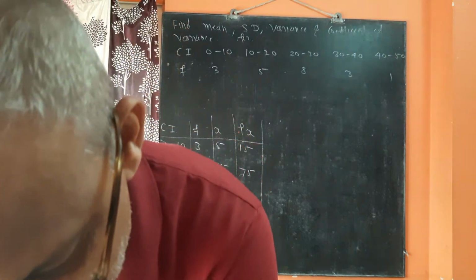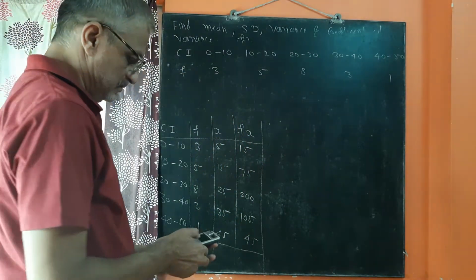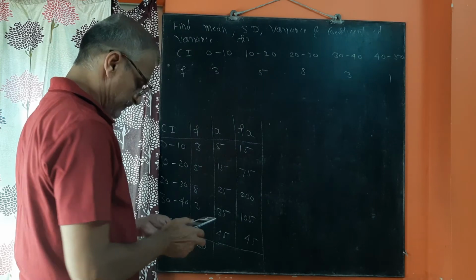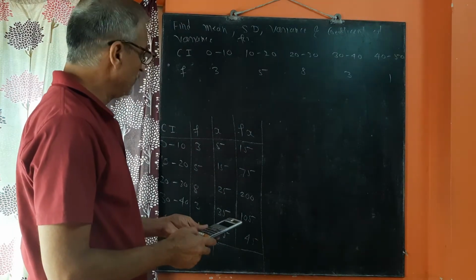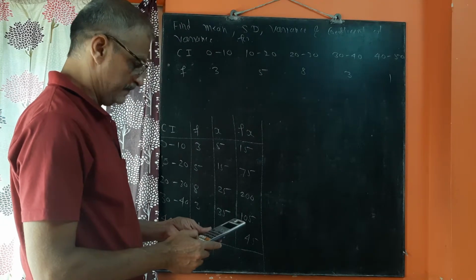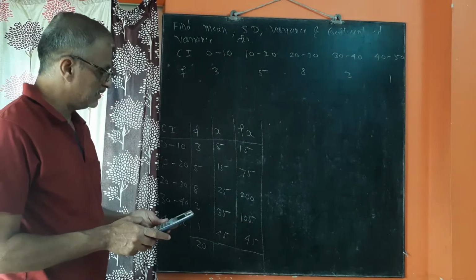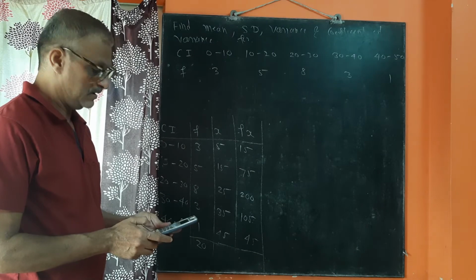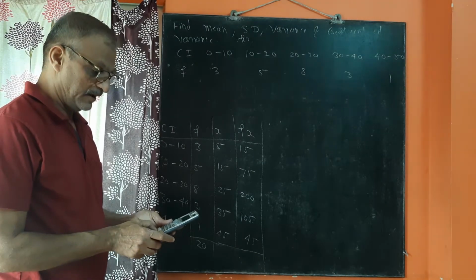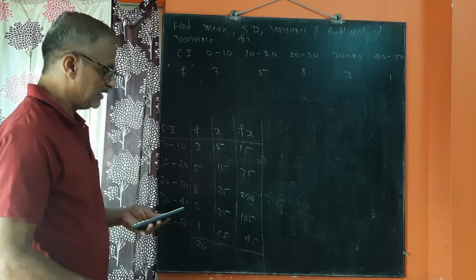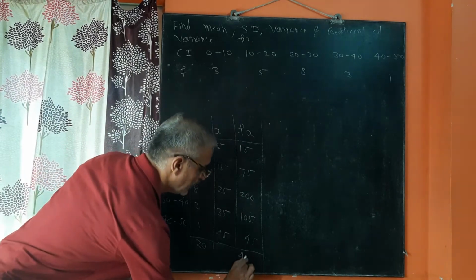Let us find the sum: 15 plus 75 plus 200 plus 105 plus 45, that is 440.